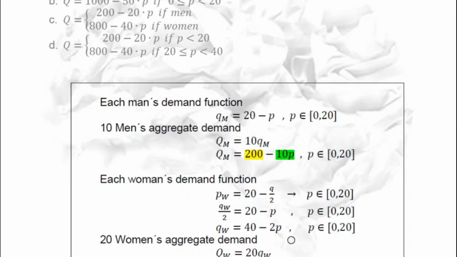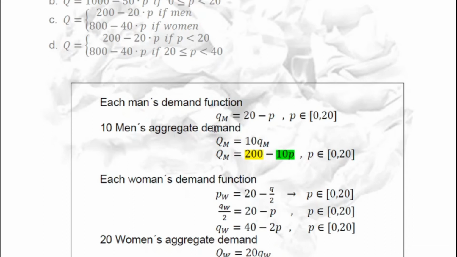If we equalize Q to 0, we also have P equal to 20. So we are lucky, and both price ranges are the same. So 20 women's aggregate demand is 20 times this individual demand for a woman, so 800 minus 40P.